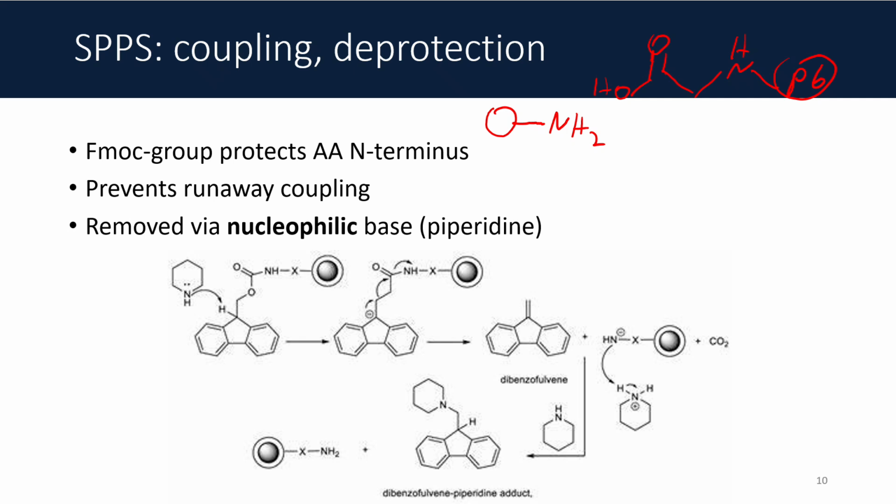Remember that we are adding 10-fold excess activated amino acid for every site on the resin support that we're building off from. Let's draw an unprotected glycine nearby to illustrate what might happen.